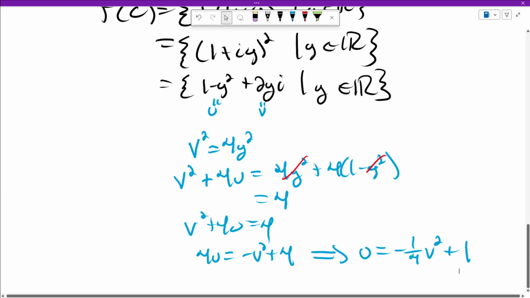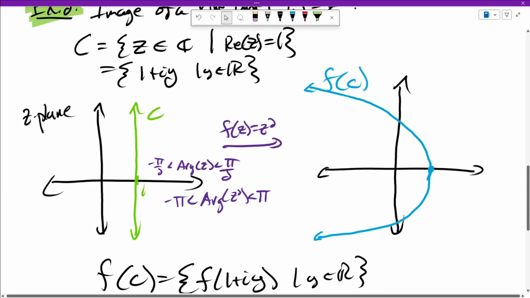If u is the x-coordinate and v is the y-coordinate, this is a parabola that opens in the negative x direction, so it opens to the left. It passes through 1 as the vertex, and then it has some stretching parameter that we could graph if we wanted to. But let's just verify that's what we got. So if we go up here, it's a parabola that opens to the left.